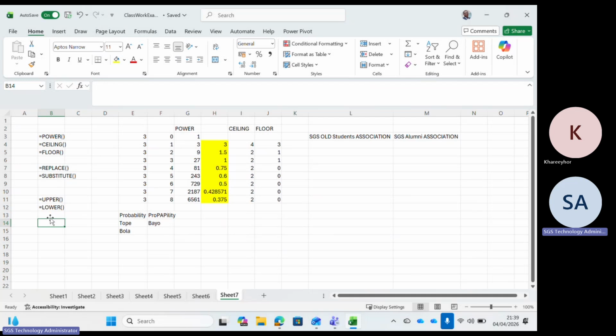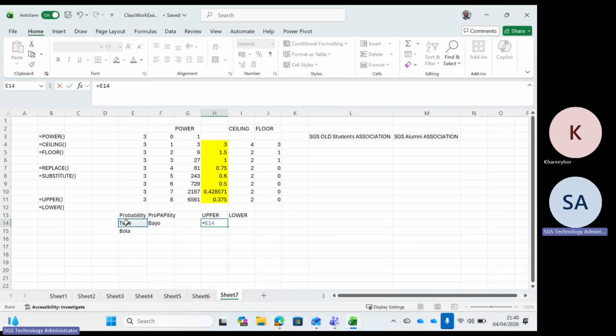This function called upper and lower. All right. So look at all these things that we have written. Let's do upper here. Let's do lower here. So upper means we want to turn it to capital letters. And lower means we want to turn them to small letters.